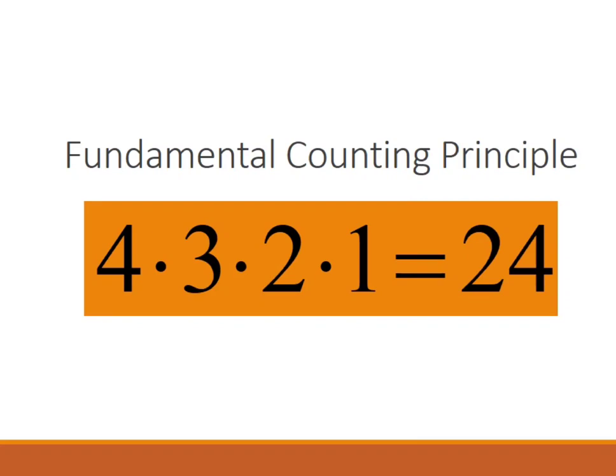Sa ikalawang letter, since nagamit na natin yung isa, meron na lang tayong 3 pwedeng pagpilian. Sa ikatlong letter, since nagamit na natin yung 2 letters, meron na lamang tayong 2 pwedeng pagpilian. At sa huling letter ng password, iisa na lang po yung natitira. That's why we have 4 times 3 times 2 times 1, which is equal to 24.